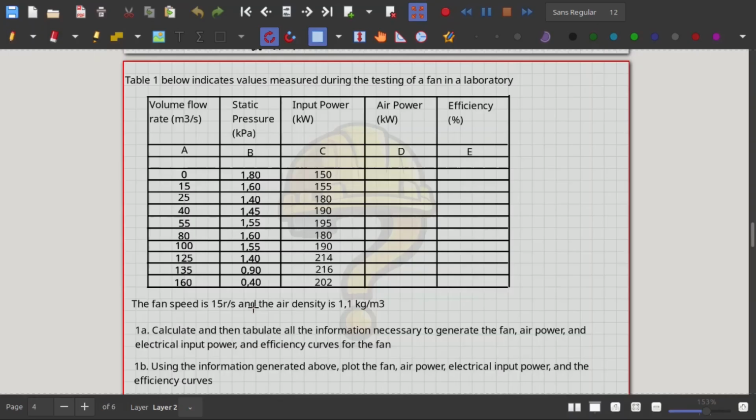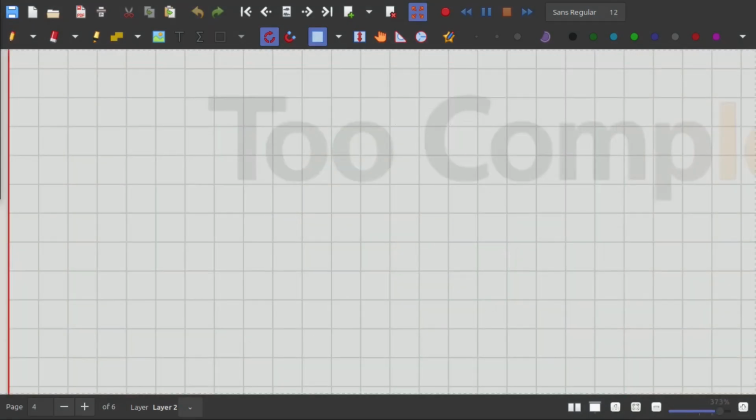And the second part of the question says using that information generated above, we're going to plot the fan air power, electrical power, and the efficiency curves. So we're going to do this step by step. There's going to be more questions here. So by the time we fully answer the whole question, we will have an understanding of what is happening.